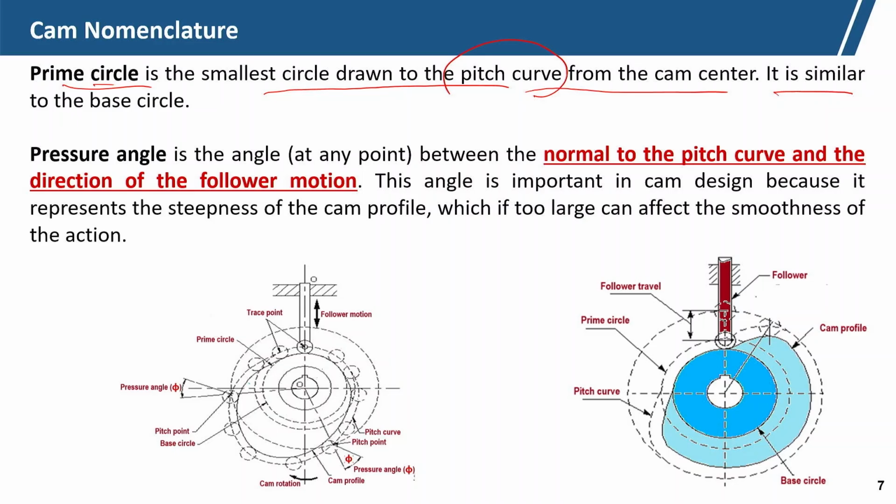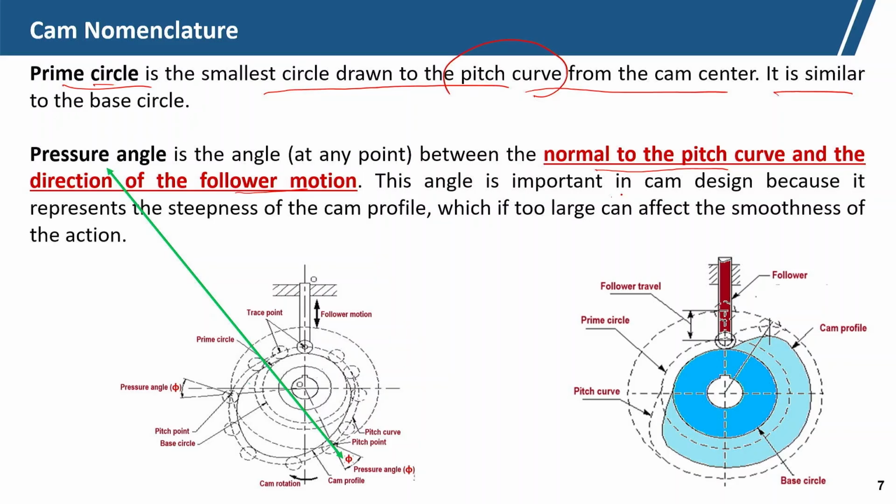The pressure angle, you can see, this is the pressure angle. Pressure angle is the angle, and we can have a pressure angle at any point, between the normal to the pitch curve and the direction of the follower motion. That angle is called the pressure angle.